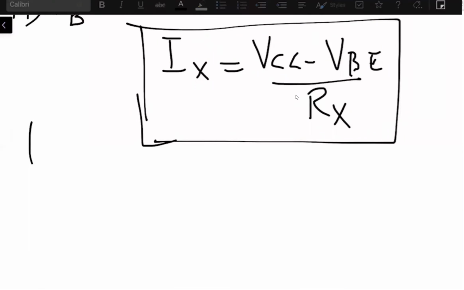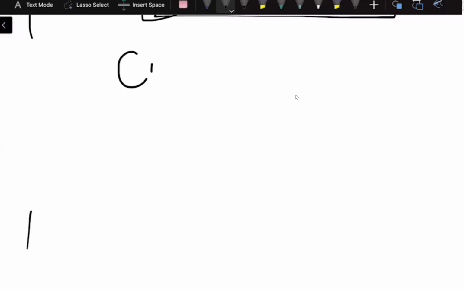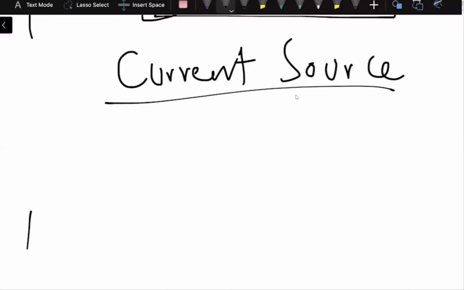The next thing in the row is basically the current sources. So if you see the current source, what we have basically is a voltage source and a current source, right?